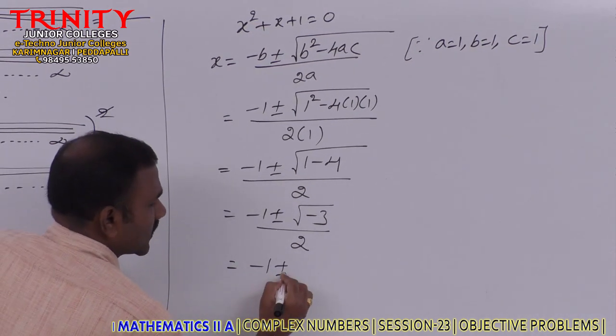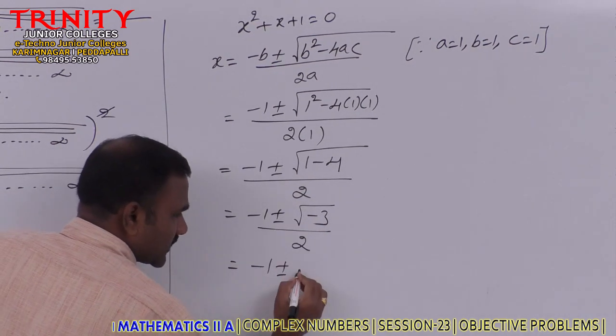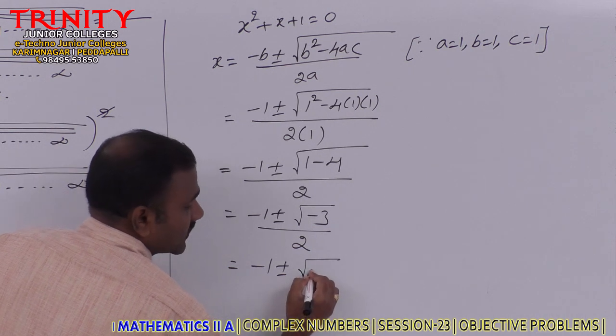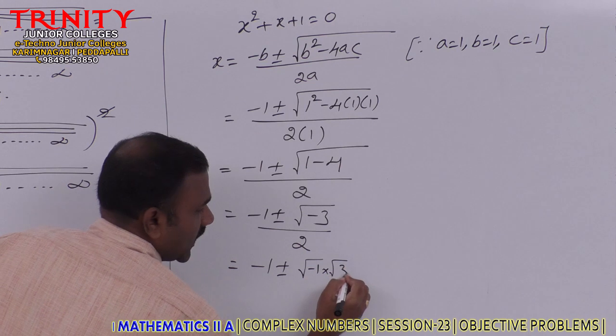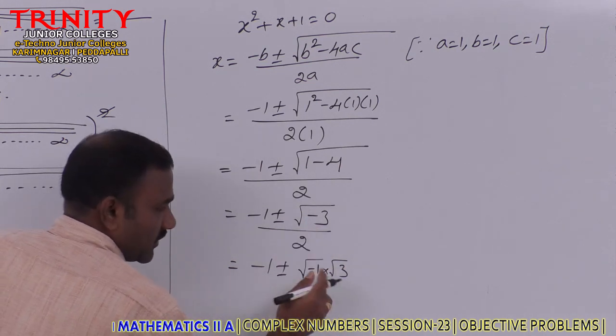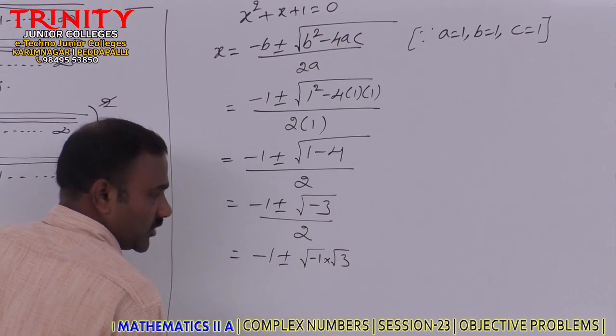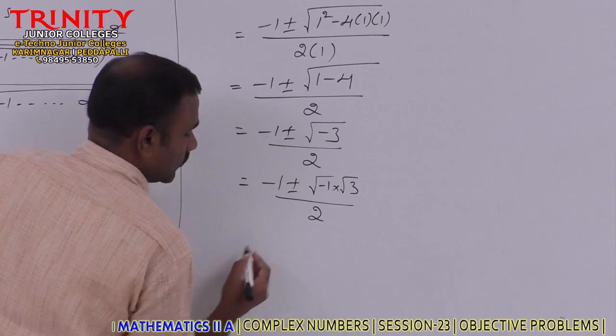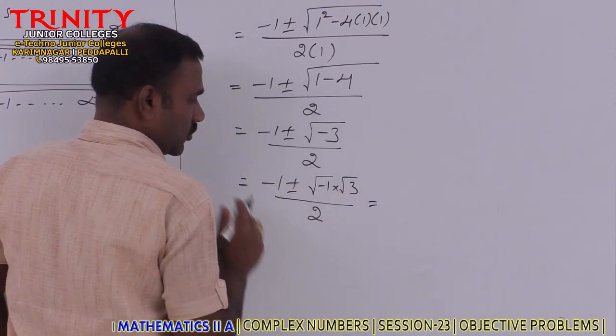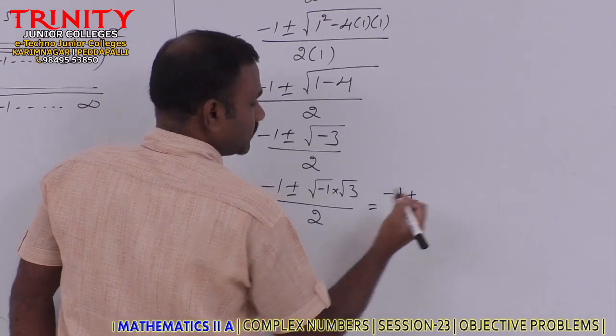Then minus 1 plus or minus root minus 3, we can write it as root minus 1 into root 3, since minus 3 can be expressed as minus 1 into 3. So it is root minus 1 into root 3 divided by 2. What about root minus 1?